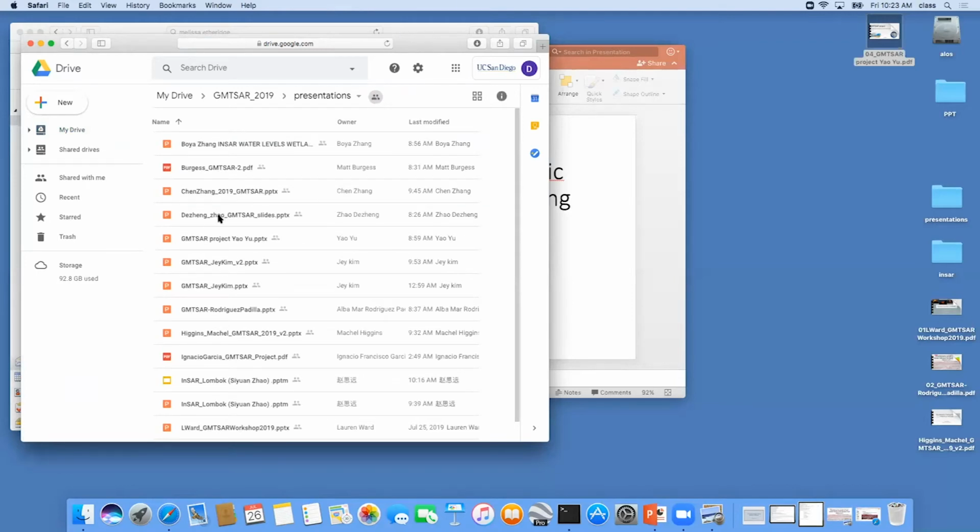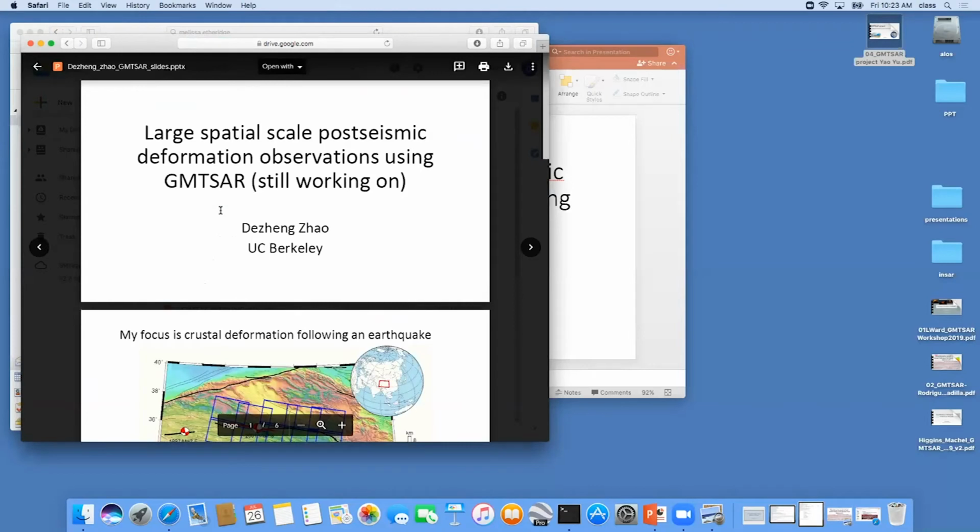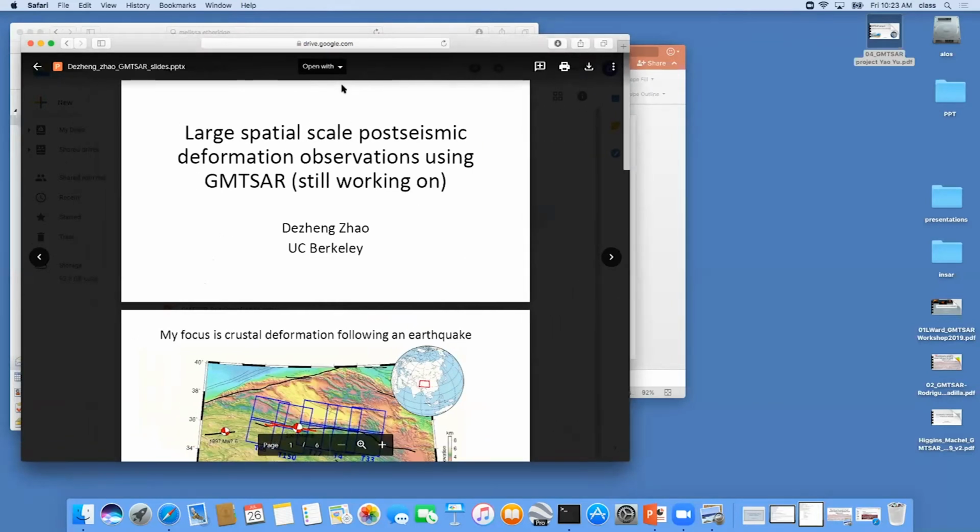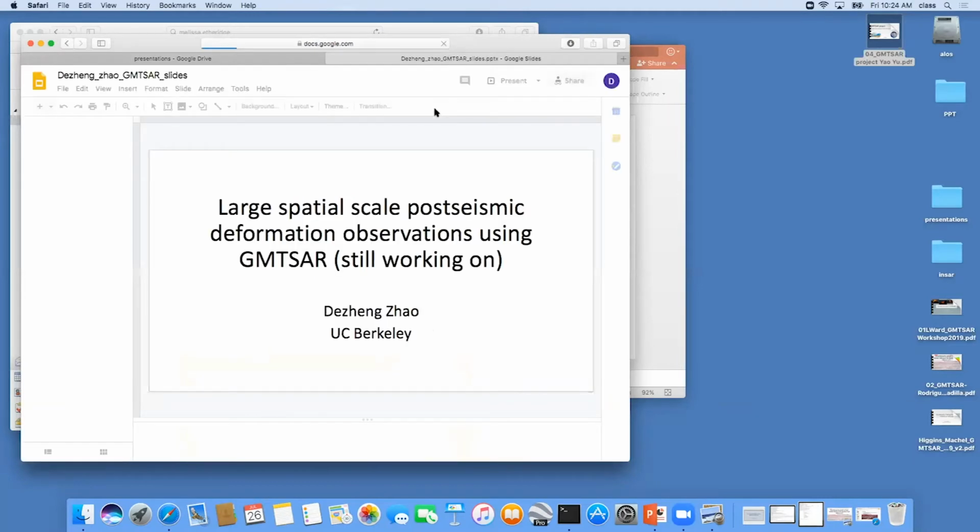This one here? Okay. How do I get in full screen? I don't know how to do the full screen. How did you make the full screen? Open with. On top of this.